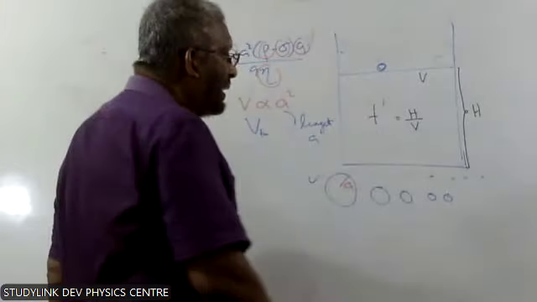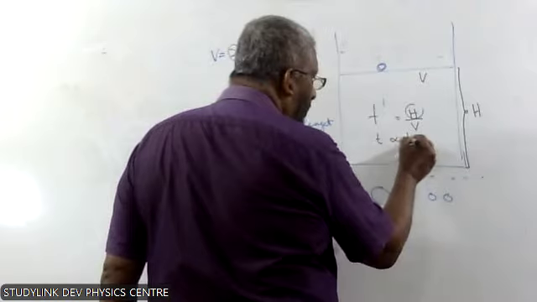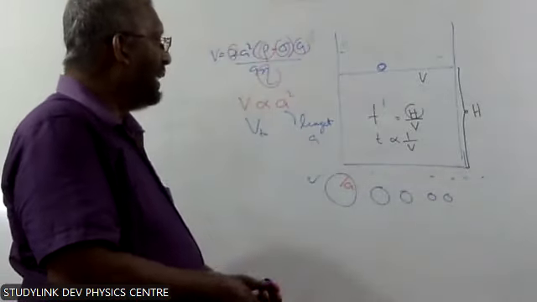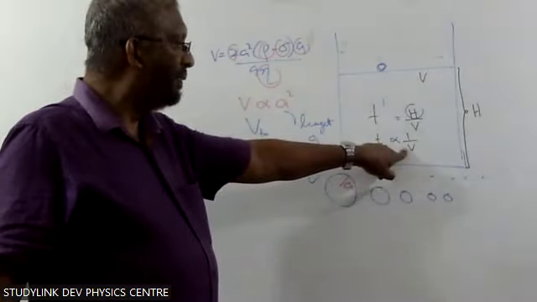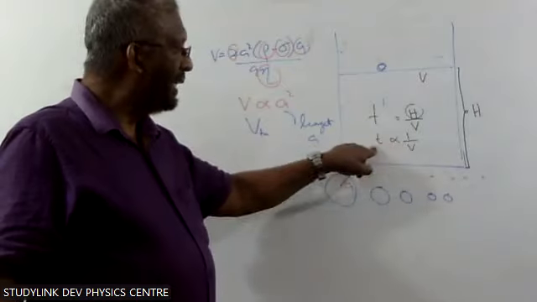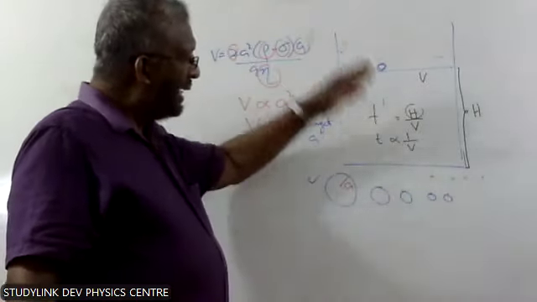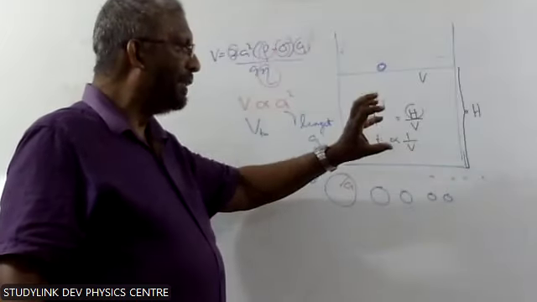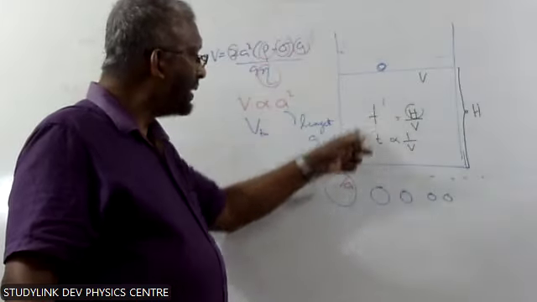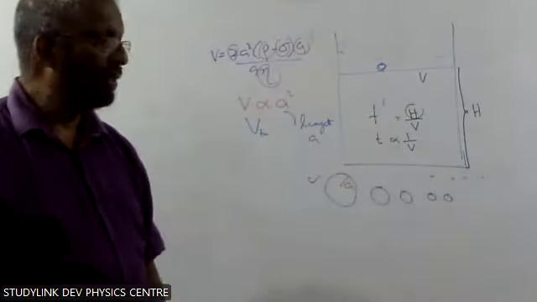But T is inversely proportional to V, since H is a constant. Then the particle with the largest terminal velocity has the smallest T. That means the largest particle gets the largest terminal velocity and it reaches the bottom first because T is smaller. Then right?